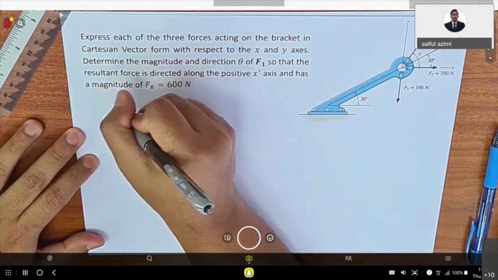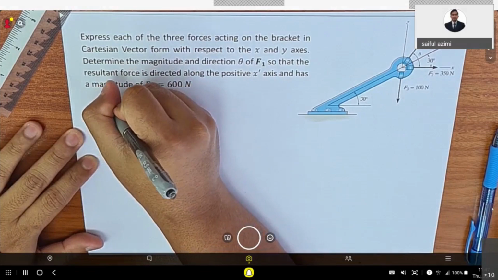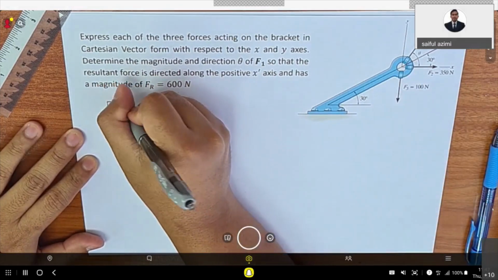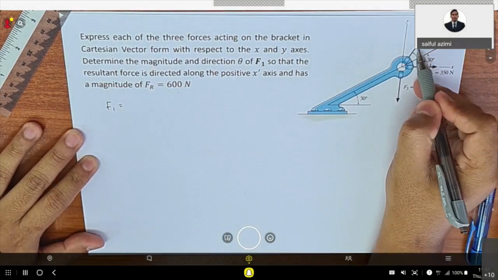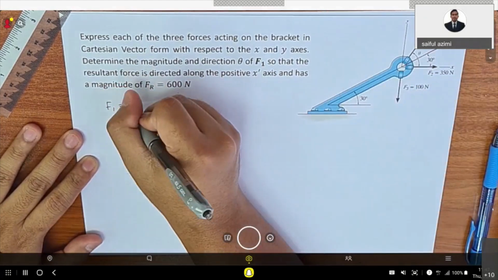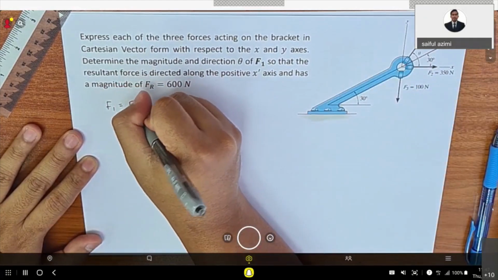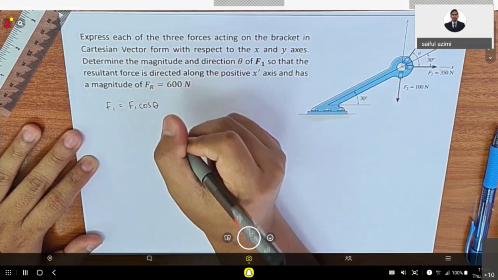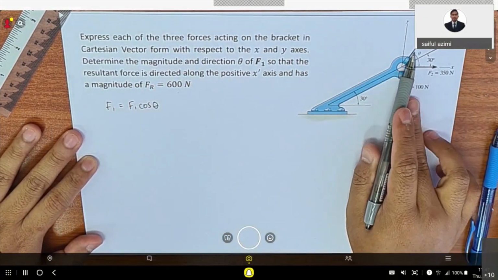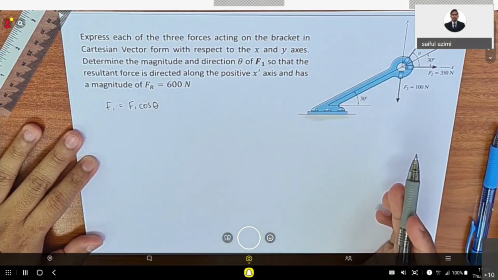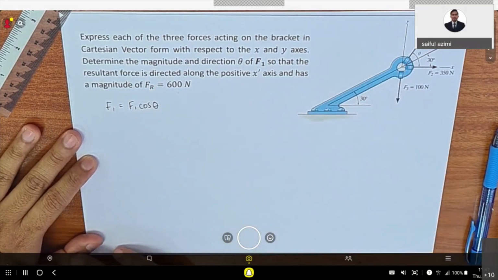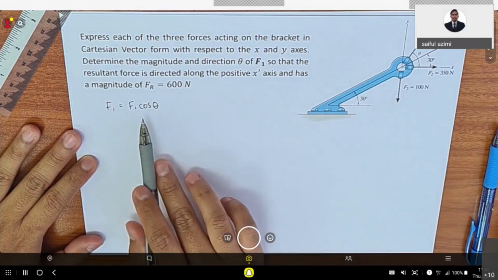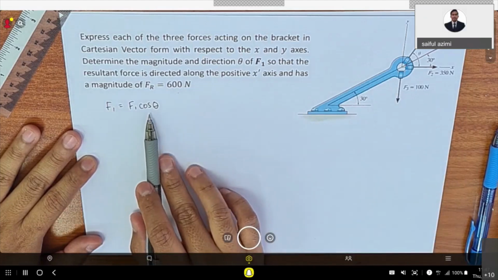So we can do it like this. F1 equals F1 cos theta, so this is theta. You can draw the triangle as in the previous example to get the cos theta and sin theta here.